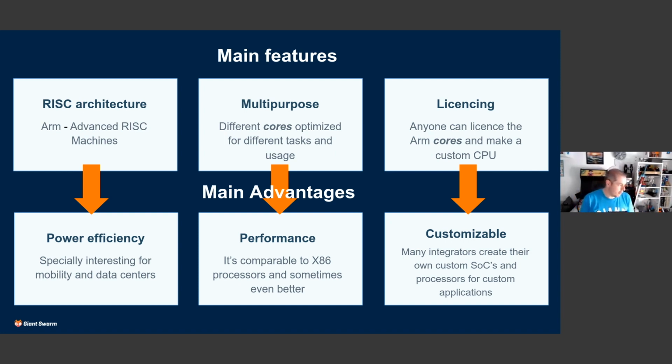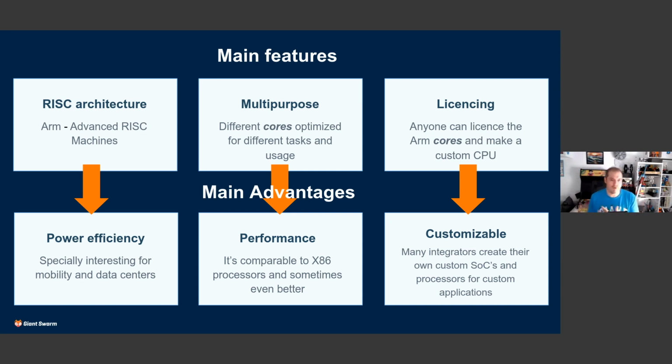And one of the keys to the success of the ARM platform was the licensing model, because anyone can license the cores and use them to make a customized SoC, so you can build your own phone, computer, or whatever around these cores.